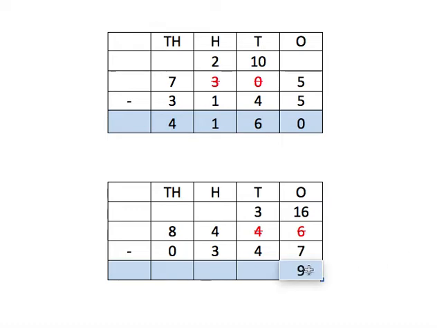9. Okay. 3 minus 4. Again, I can't do that. So I will again borrow 1 from this 4, because 3 is small and 4 is big. So again I have to borrow. Okay, let's borrow. This 4 will again become 3, and this 3 I'm going to change to 13 by putting 1 in front of it, right?